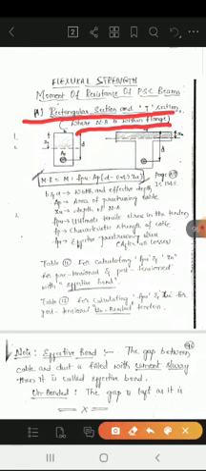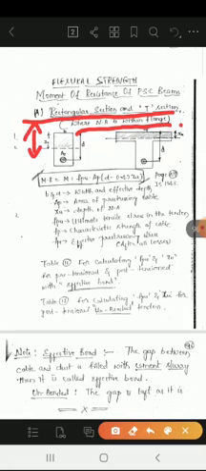So we'll consider the rectangular section and a T section where the neutral axis is within the flange. The depth of the neutral axis is denoted by XU, as you can see here, within the flange.